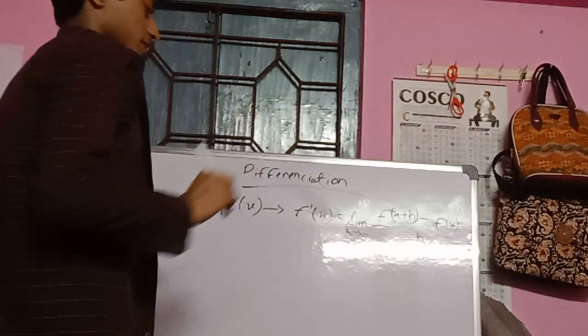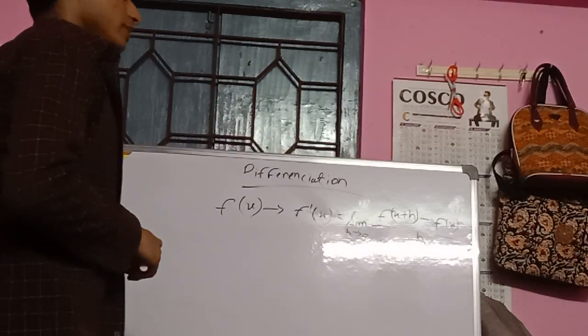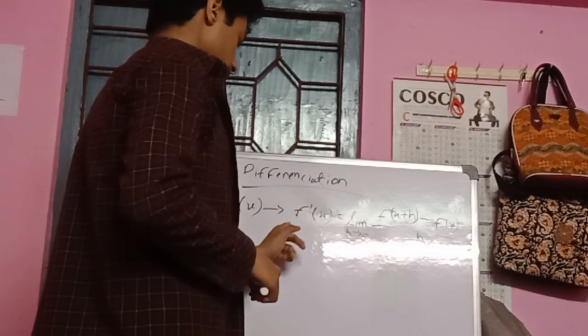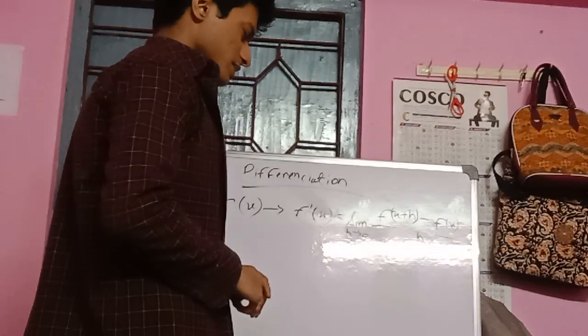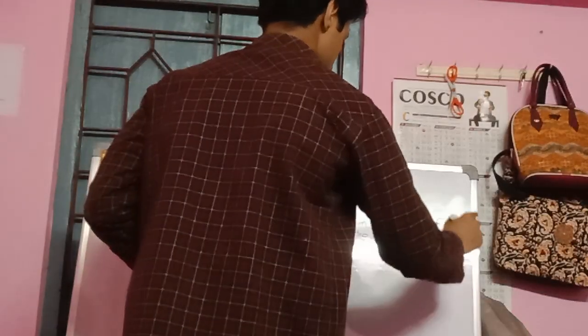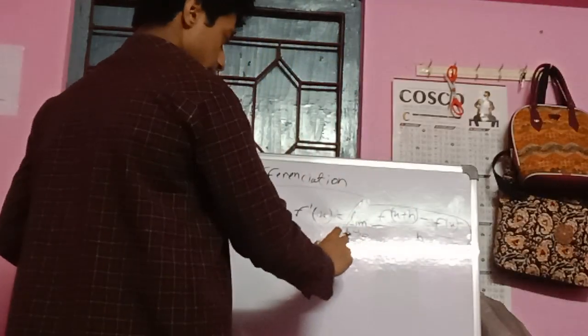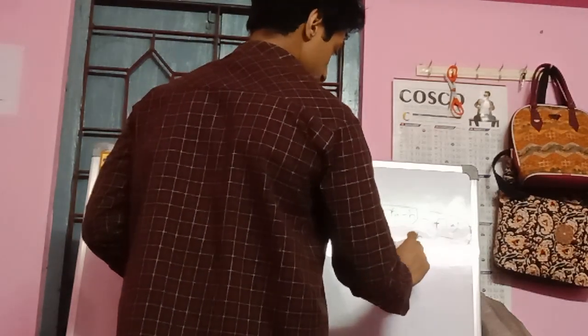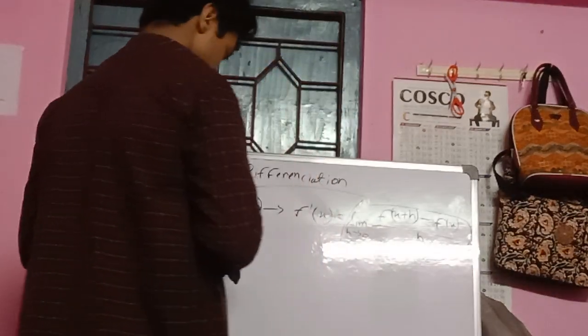But this is the general formula for any function. If we want to find the derivative of any function, you can use this general formula: limit as h tends to 0 of f of x plus h minus f of x, divided by h.